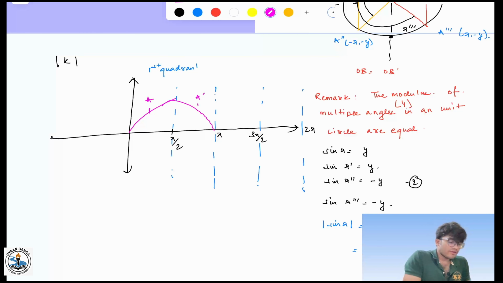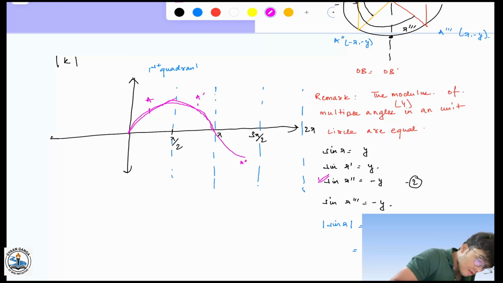So it actually forms a sort of semicircle, right? And between pi to 3 pi by 2, you have minus y. So a double dash is somewhere here. And from 3 pi by 2 to 2 pi, it goes back up. So a wave of some form you get.